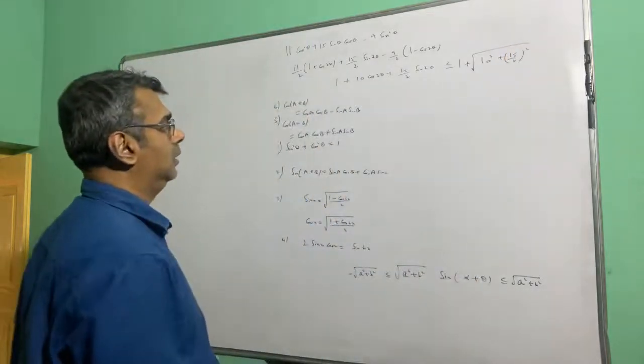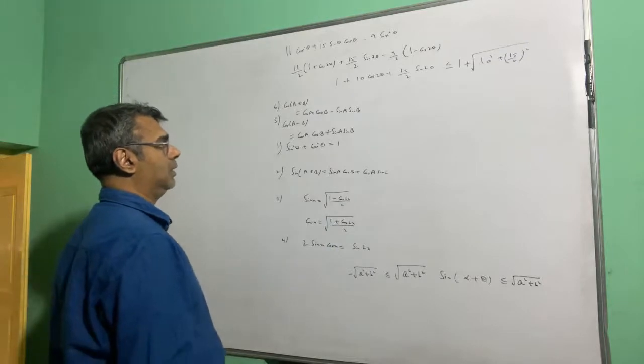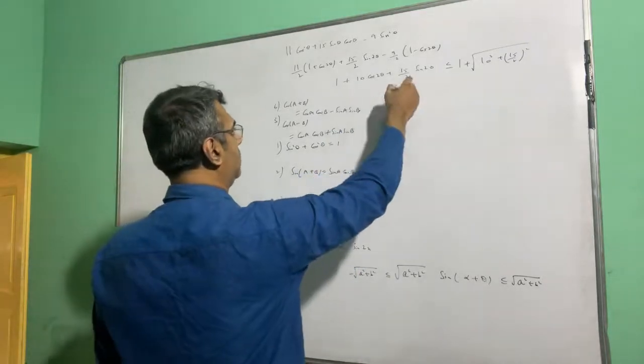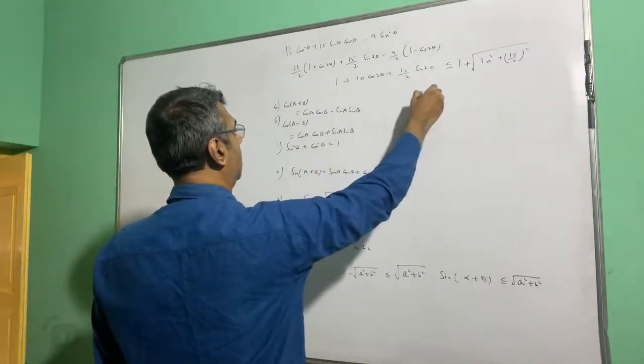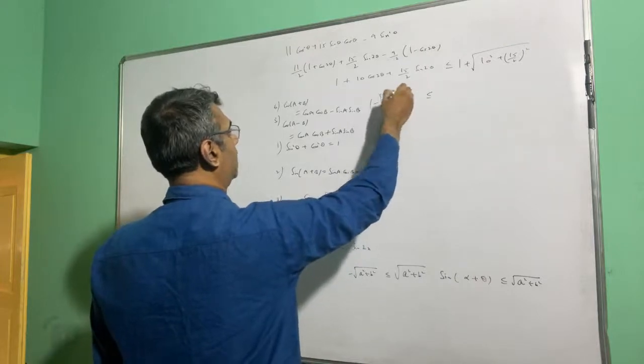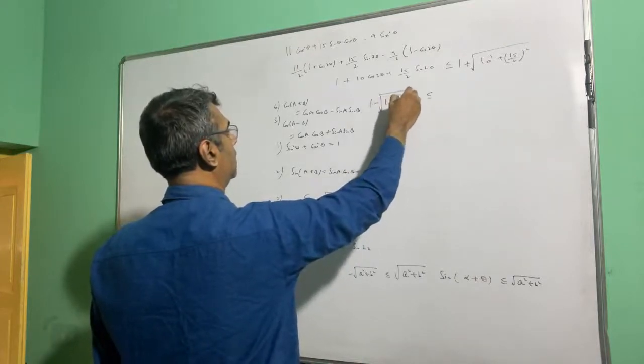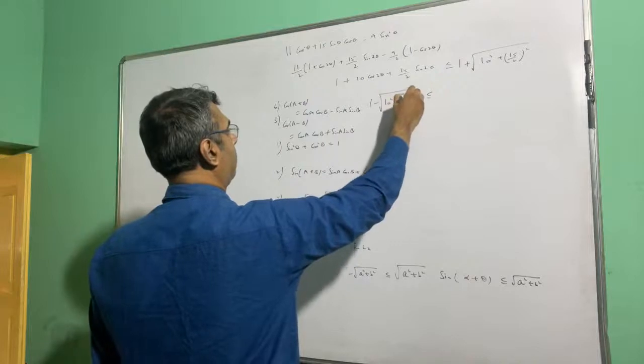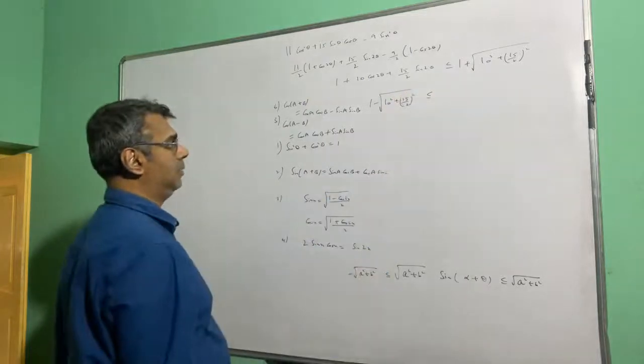So the maximum value will be 1 plus root 10 square plus 15 by 2 square, and minimum value will be 1 minus root 10 square plus 15 by 2 square.